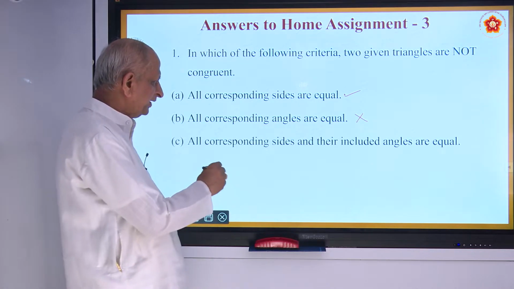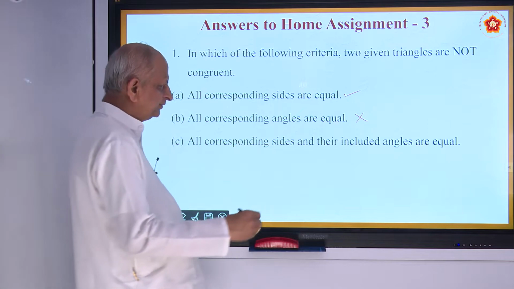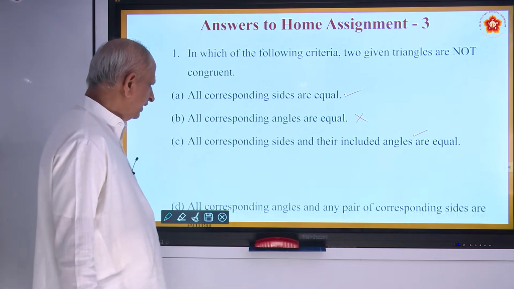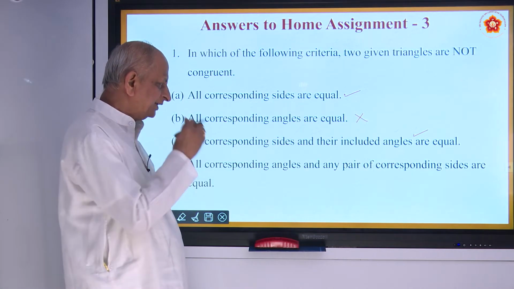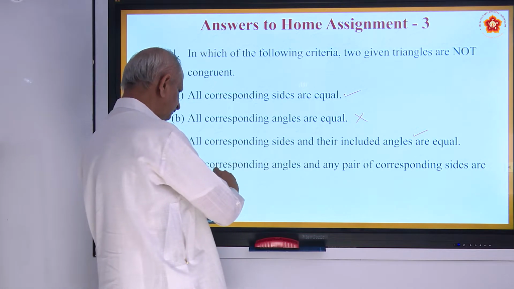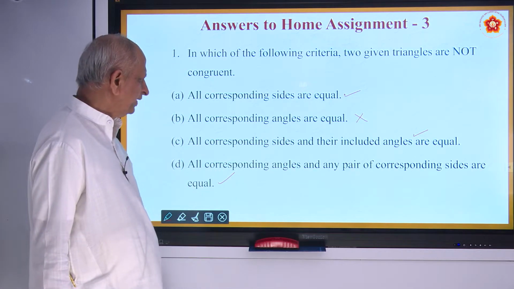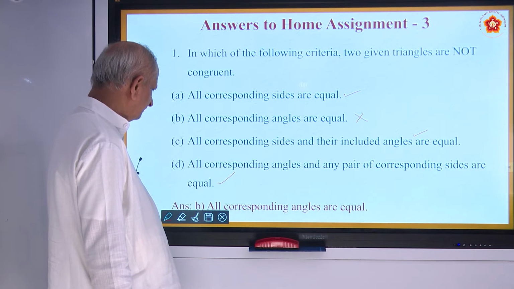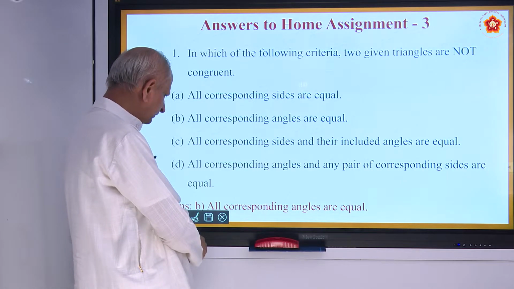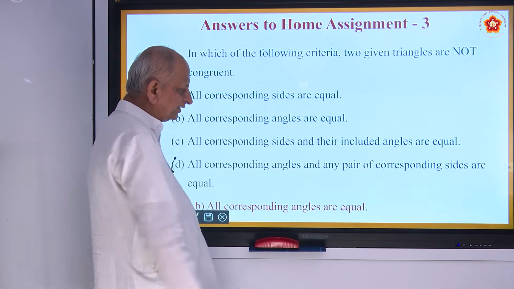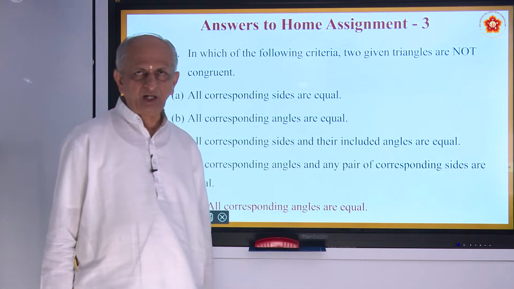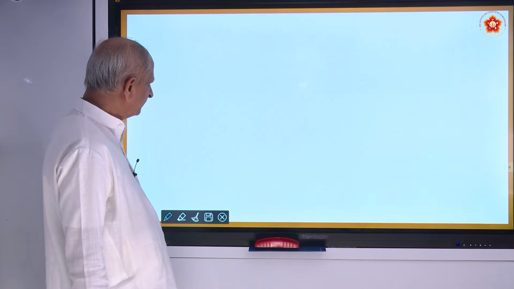All corresponding sides and their included angle are equal, here it is congruent. And lastly, all corresponding angles and one pair of corresponding sides are equal, that is also congruent. So only in the case of B, which says that all corresponding angles are equal, the two triangles are not congruent.